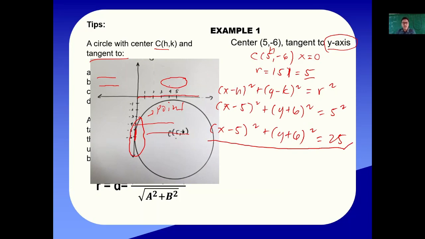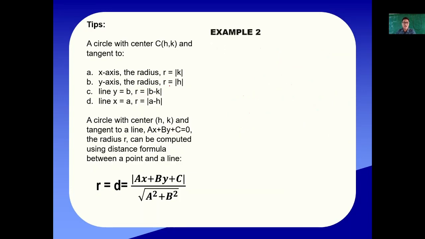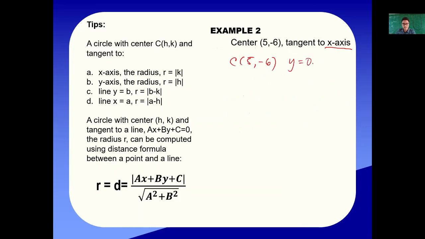Paano naman kapag tangent to the x-axis? Same problem. Find the standard equation if the center is 5, negative 6, tangent to x-axis. Our center is 5, negative 6. Since tangent to x-axis, therefore our y is equal to 0.